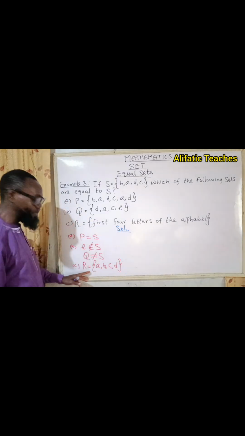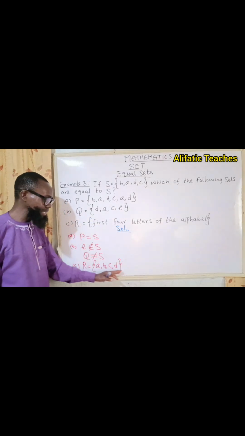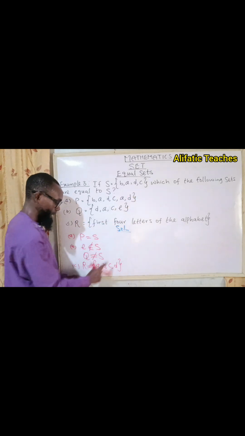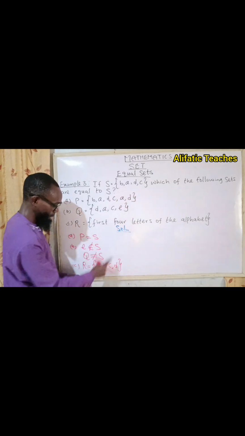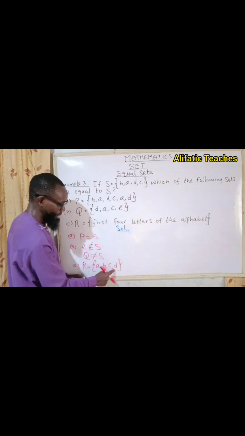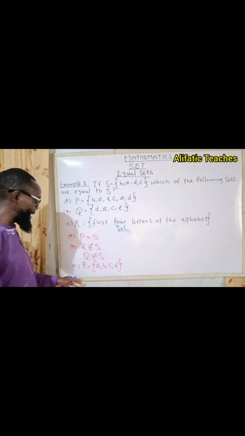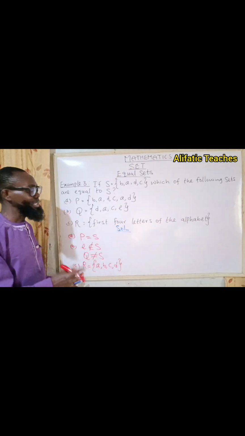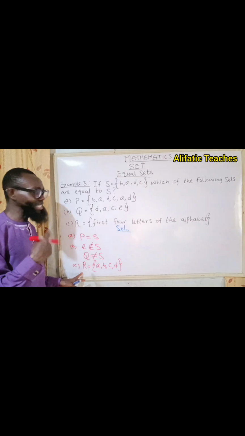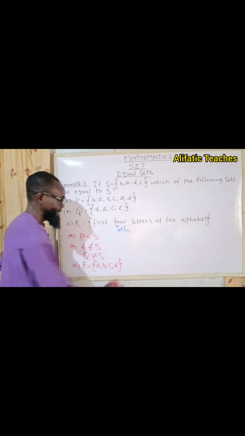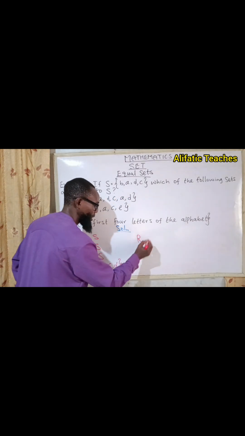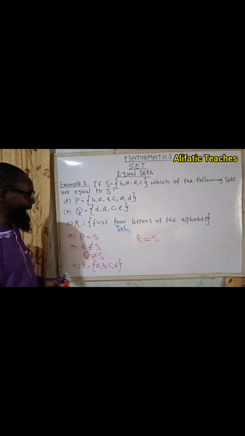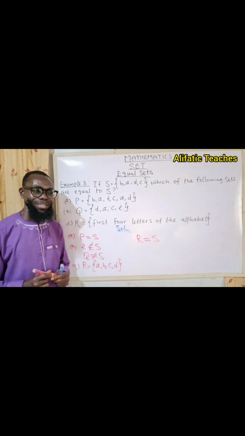Now, let us compare these elements with this S. This is a, we have a; b, we have b; c, we have c; d, we have d. Definitely set R is equal to set S. So set R equals set S.